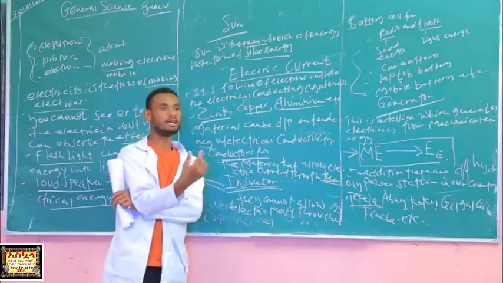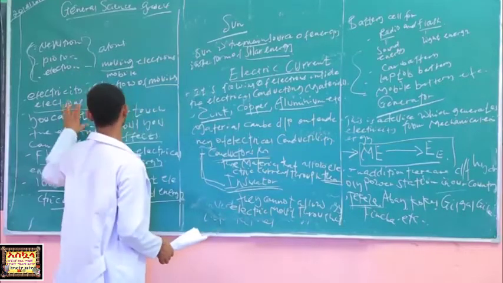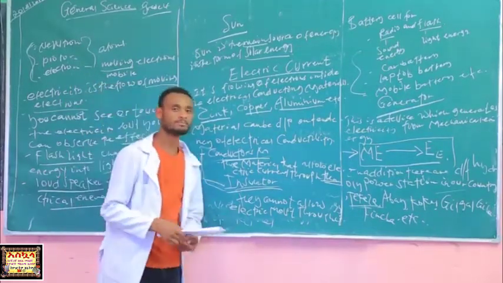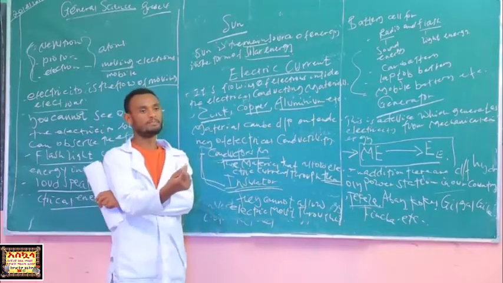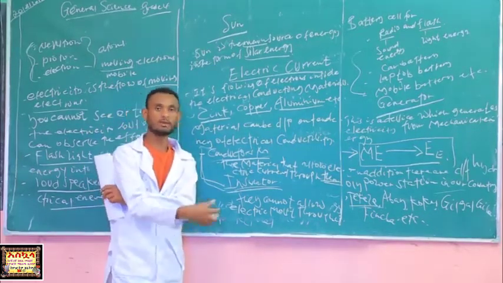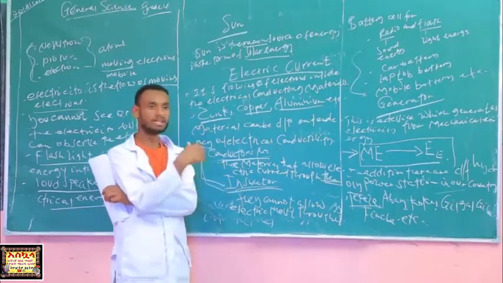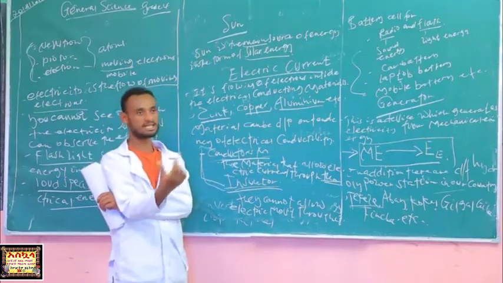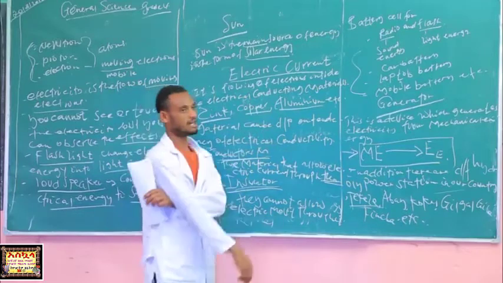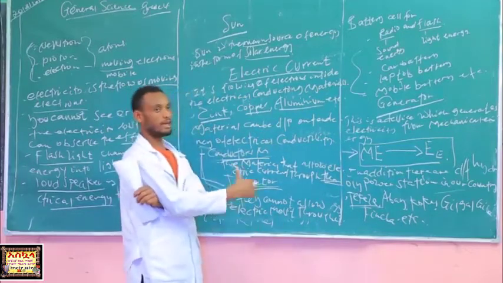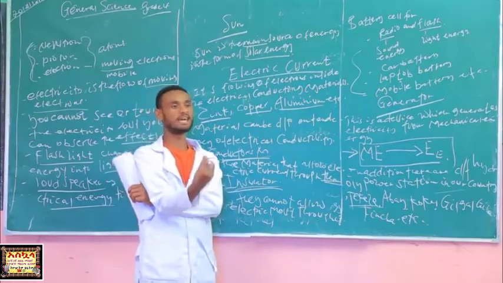In 2 minutes, let me summarize today's lesson, starting from the sources of electricity. Students, there are different sources of electricity. You can get electricity from battery cells, from generators, from the sun. First, battery cells are a source of energy which contains chemical energy.